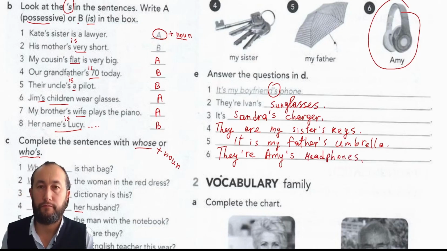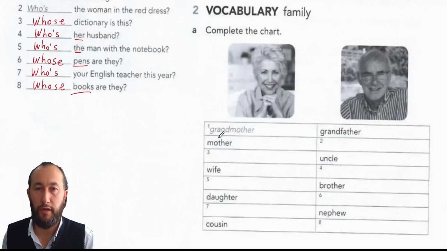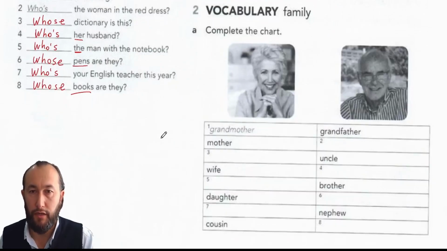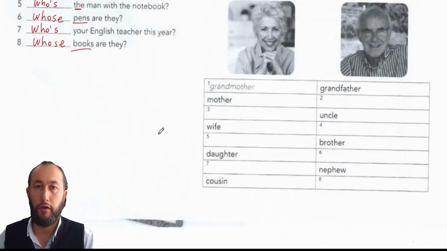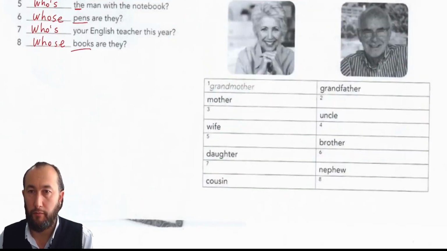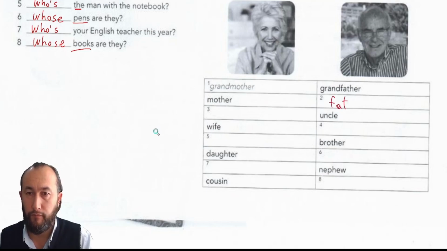And that's it. The last exercise for this page, vocabulary, family, complete the chart. Let's do that. So we've got female side and we've got male side. Grandmother, grandfather, mother. So we're going to have father. Mother, father.